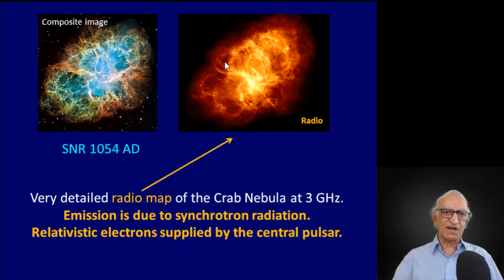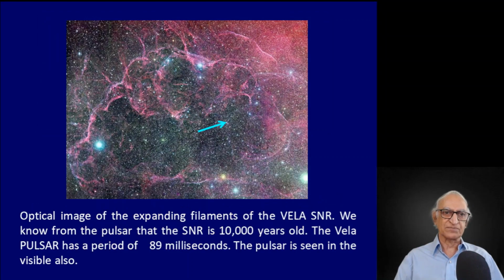And what you see on the right is the radio emission from the Crab Nebula. The radio emission is synchrotron radiation emitted by the relativistic electrons in this nebula, pumped by the central pulsar, gyrating in the magnetic field, which was also supplied by the central pulsar, if you remember my lecture on pulsars.